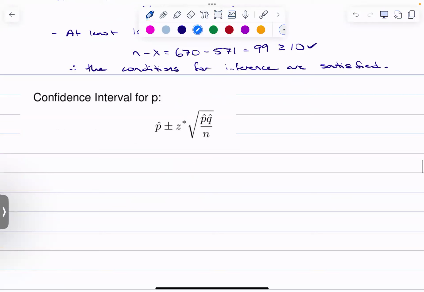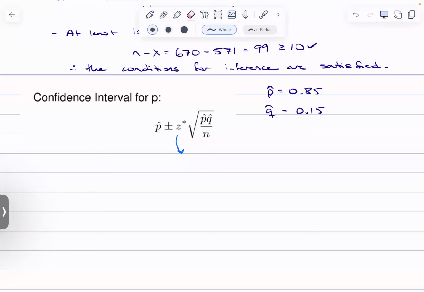And before we can start, we can highlight all the information that we have, right? And so here, p hat is 0.85. We'll use what was given in the question, which means q hat is 0.15, 1 minus 0.85.